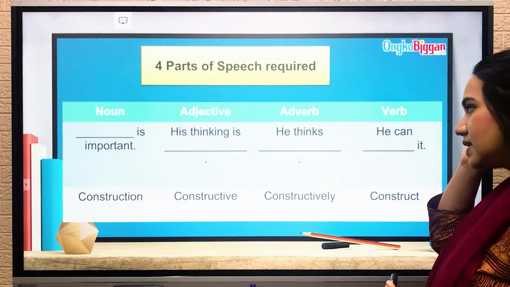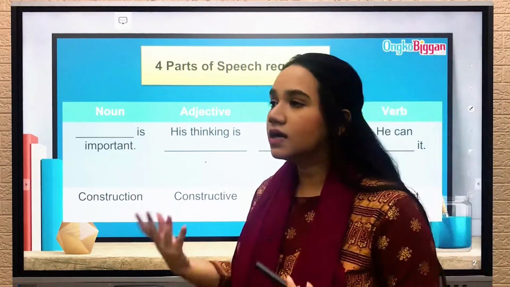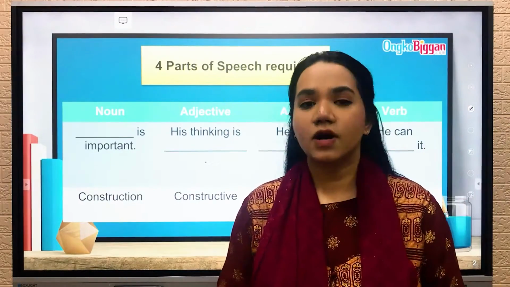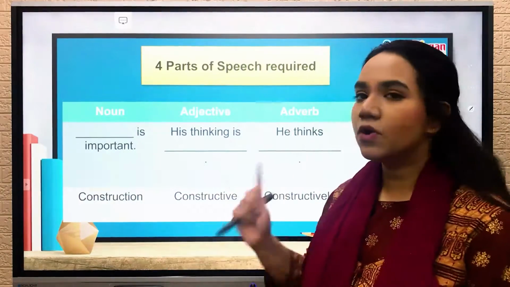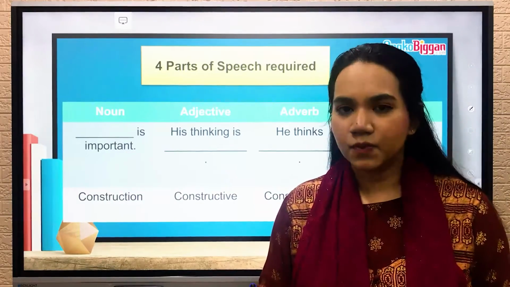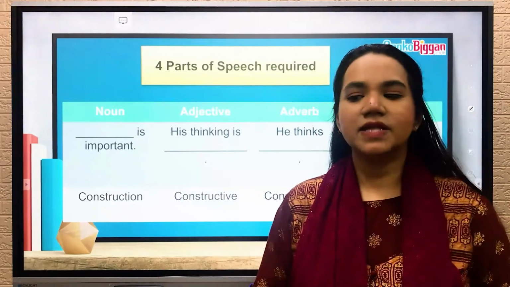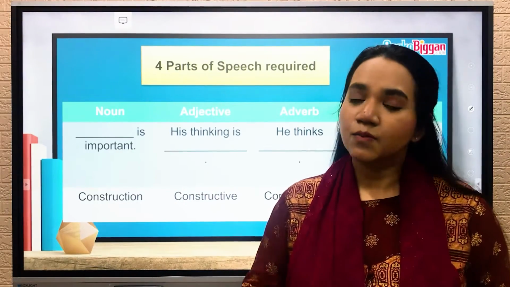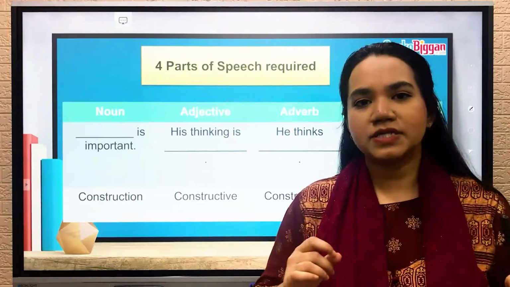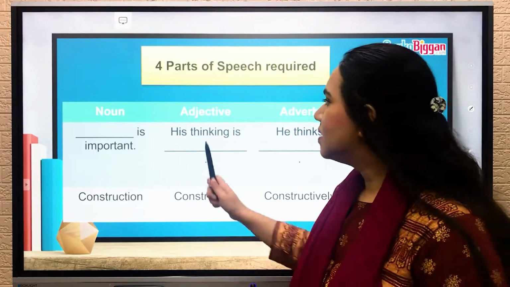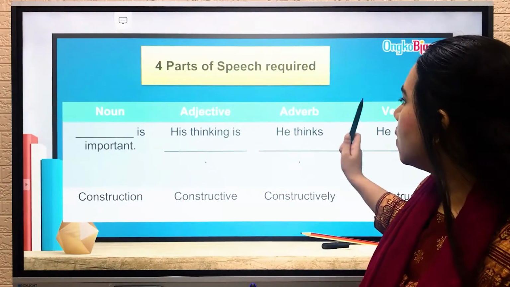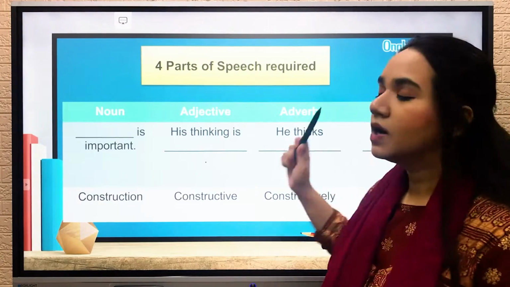So first we see that whenever we need to learn these different types of gap fillings, what is very important is for us to understand these four parts of speech. Because most of the time, whenever there is a gap and in the brackets there is a particular word, most of the time, I'm not saying all the time, there will be a scenario where you have to choose whether we should put a noun here or an adjective, or whether we should put an adverb or a verb.